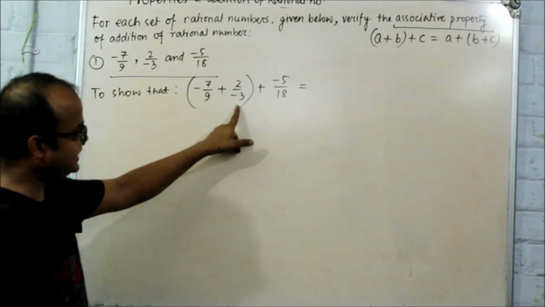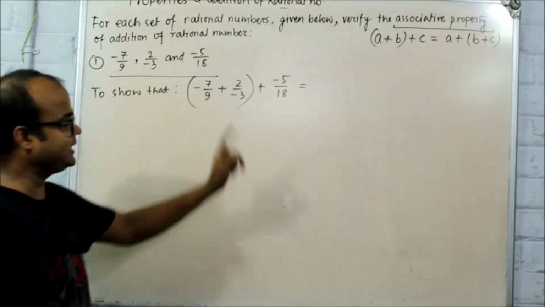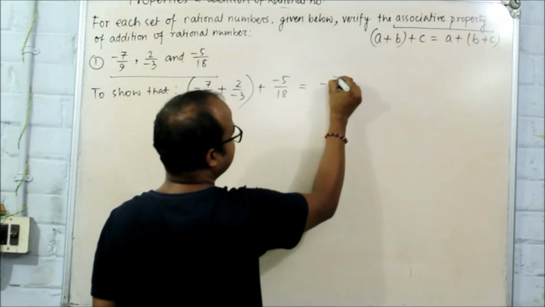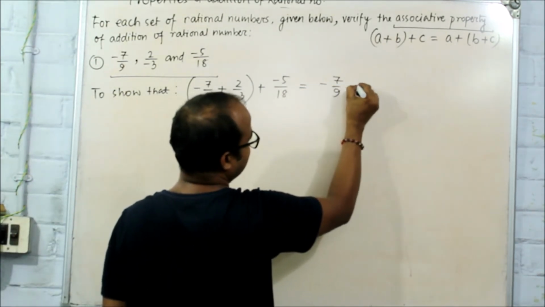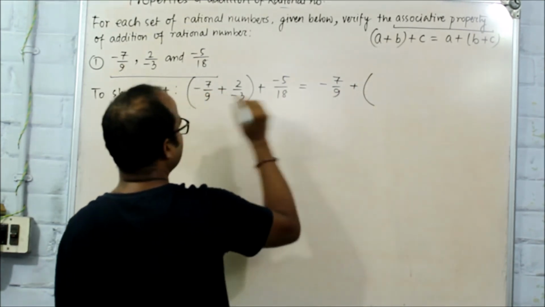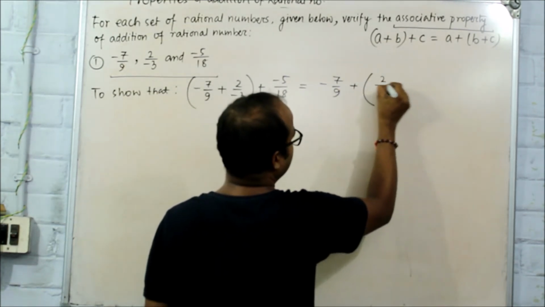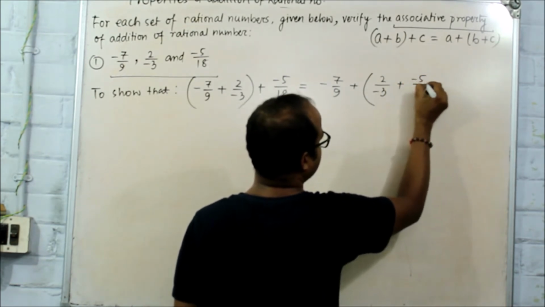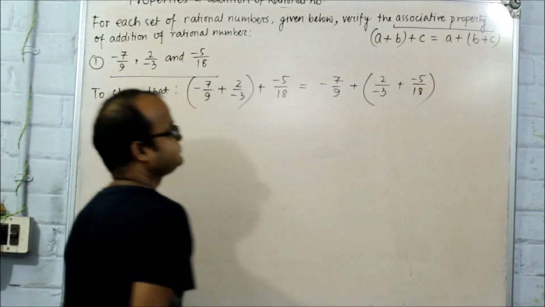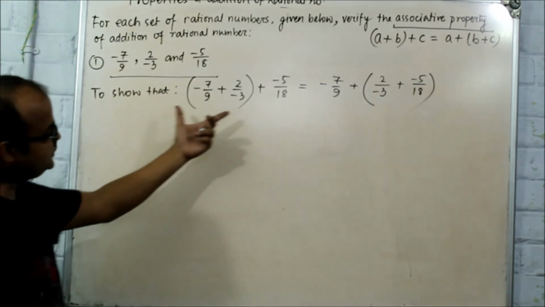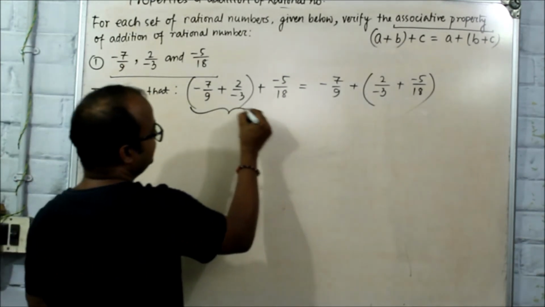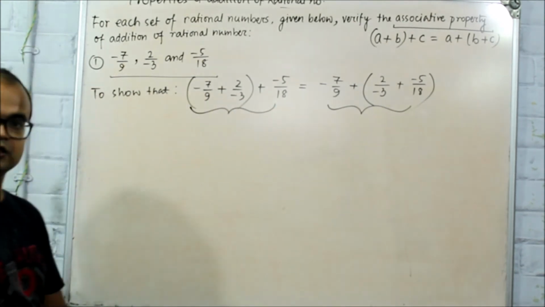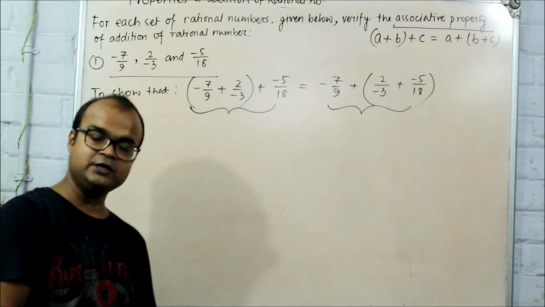These two terms are in one bracket, the third term is outside the bracket. Now what we'll do? We'll apply the bracket on this part. That means minus 7 by 9 will be outside this time, plus 2 by minus 3 plus of minus 5 by 18. So if we show that the result of this is equal to the result of this, we can conclude that the associative property is verified.